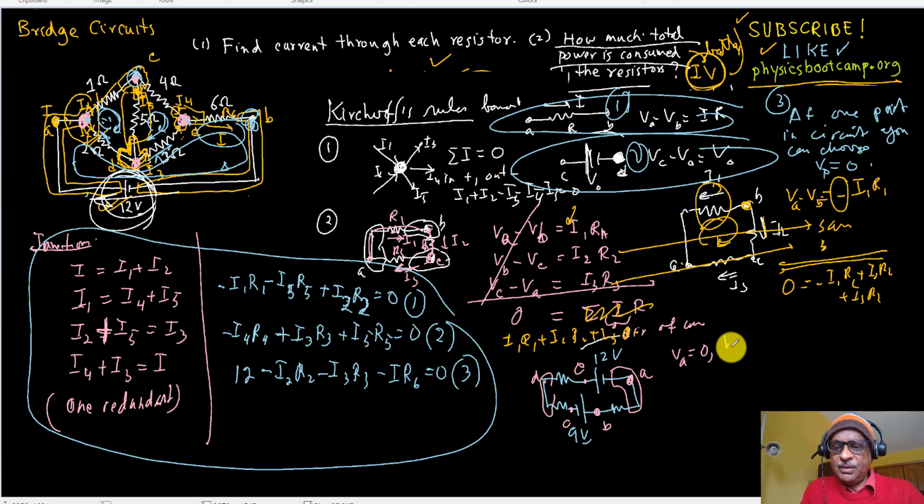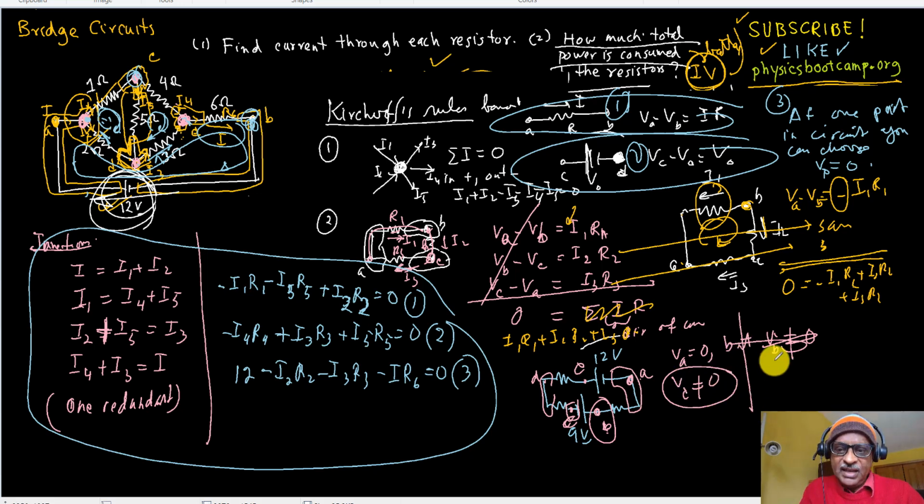but VB not 0. You can't set this also 0, just because VB, A, B, C, or this is the negative of that, so VC is not 0, so you can't set that.